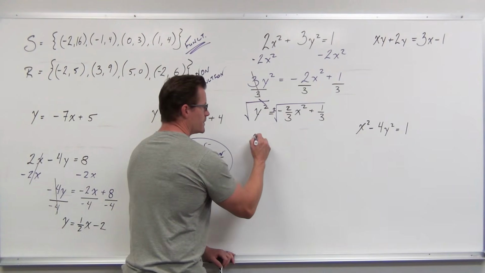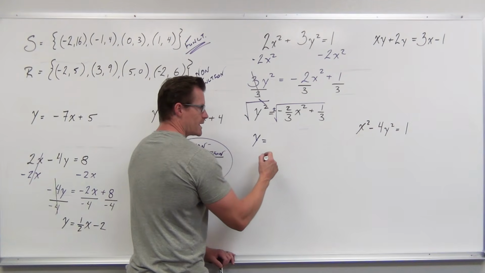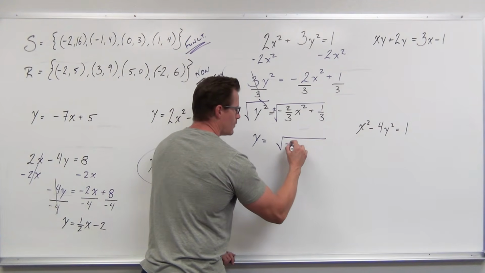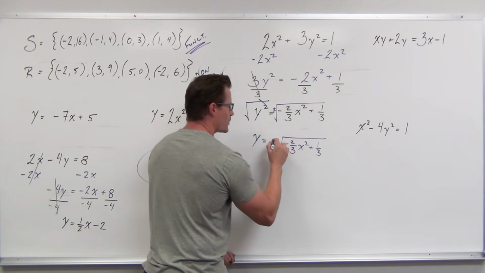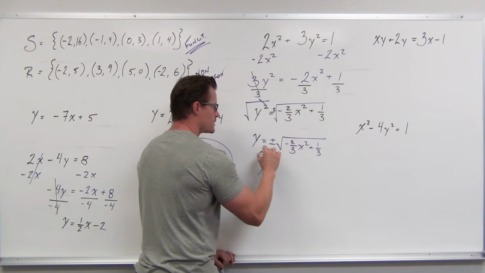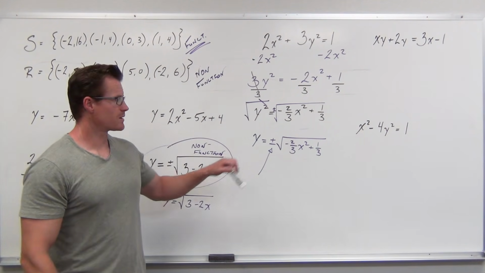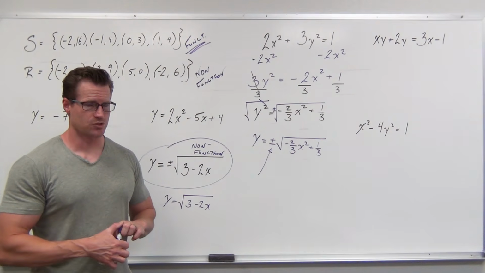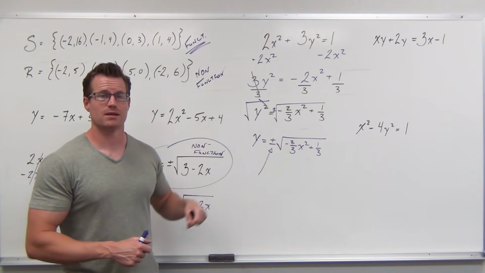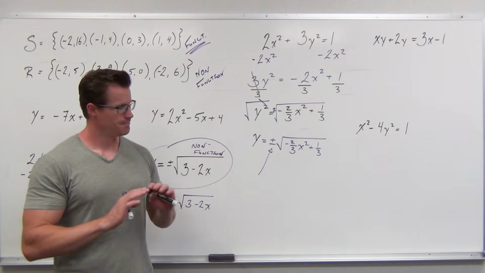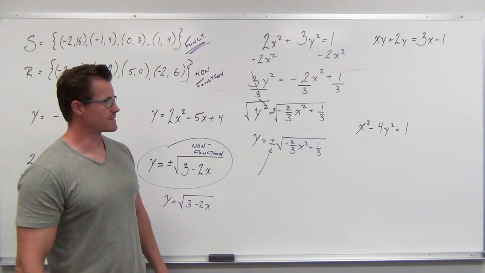On the left-hand side, we need just y. On the right-hand side, we have a square root. We have a whole bunch of garbage inside. But right here, that's the problem. This right there is telling us that we do not have a function. It's not a function because every time we plug in one number, it would automatically give us 2 out systematically. That's the issue. I hope that's making sense.